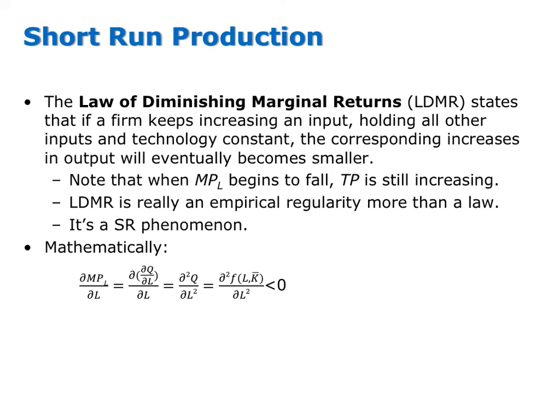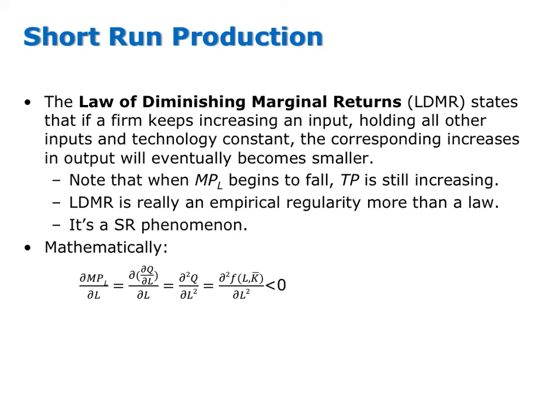Now, this is something that isn't really a law in the sense that it always has to happen. It seems plausible, though, that if capital is fixed and you keep adding more and more workers, basically throwing more and more workers at a fixed stock of capital, it makes sense that eventually the marginal product of each additional worker is going to fall. But what you're going to see mathematically with the production functions we're using is that for some of those production functions, there is never decreasing marginal returns, whereas for others, there might always be decreasing marginal returns.